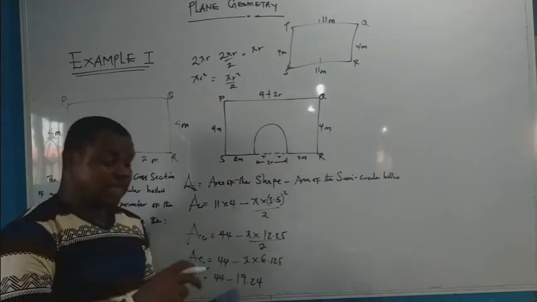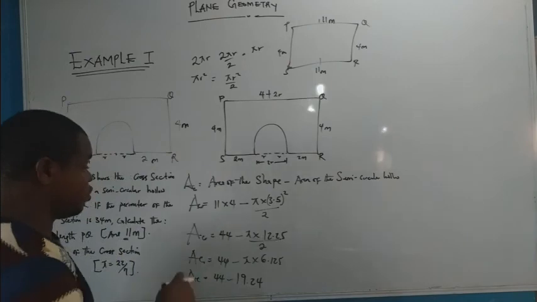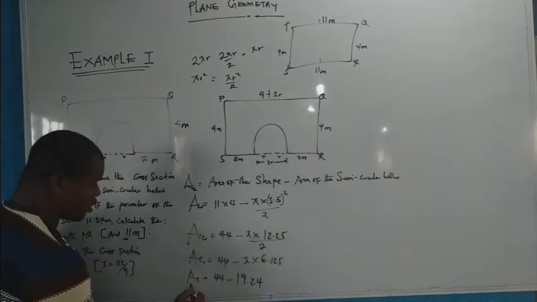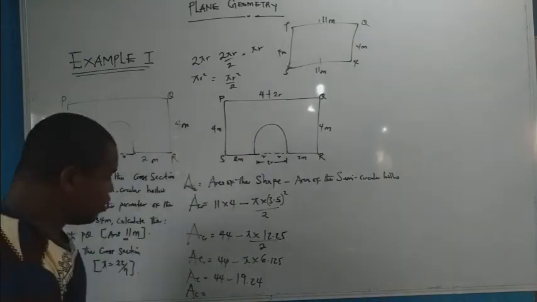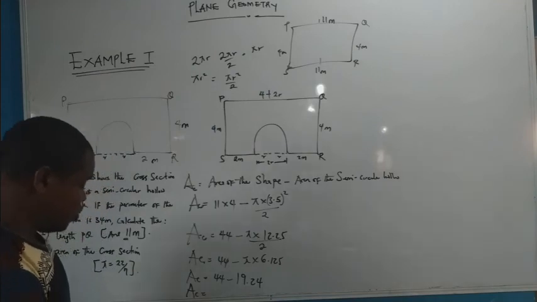When you're using a calculator, you can press your shift, then your exponential, to give you pi times 6.125, and you're going to get this. So the cross section area will now be 44 minus 19.24.